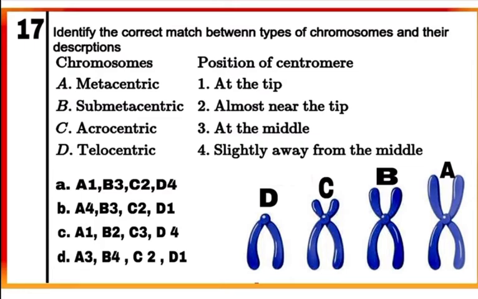C, acrocentric, it has centromere almost near to the tip. And D, telocentric, it has centromere at the tip. So, correct option is D. A matches with 3, B matches with 4, C matches with 2, and D matches with 1.